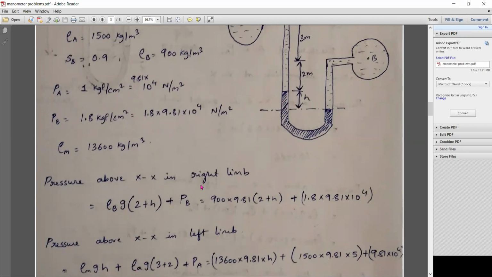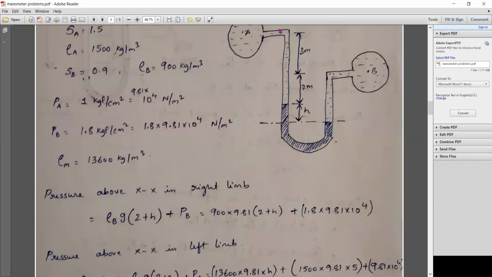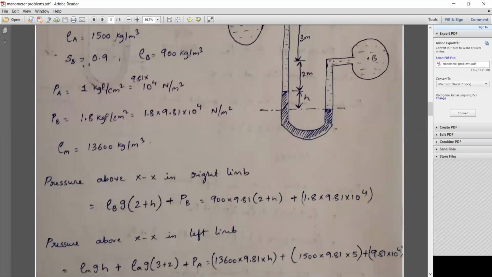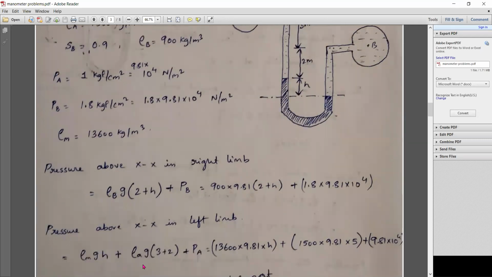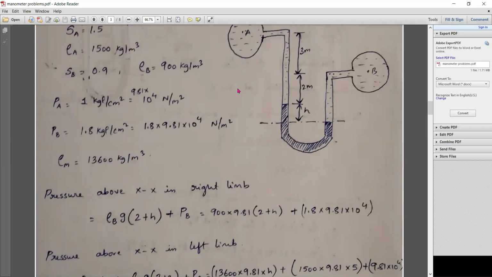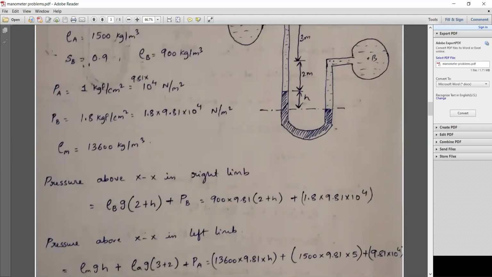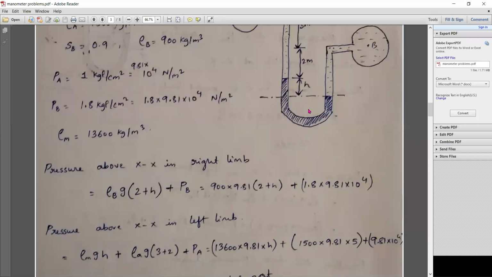Next, rho A, since this is the fluid in the pipe connected to point A. So rho A into G, and both fluids are the same, so 3 plus 2 is the height. I have written here rho A into G into 3 plus 2 as 5, plus the pressure in the tube, PA. So these 3 are the pressures in the left limb above your datum line.